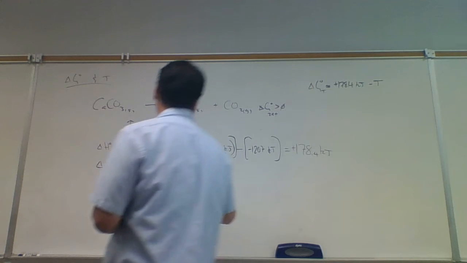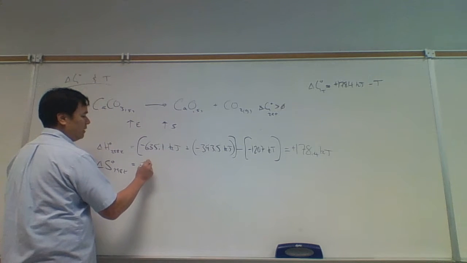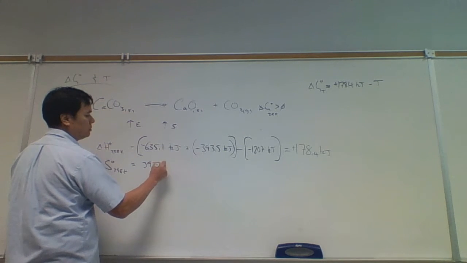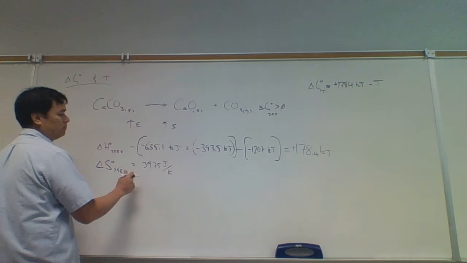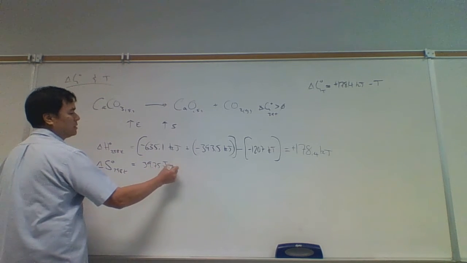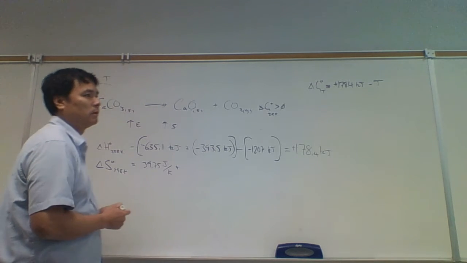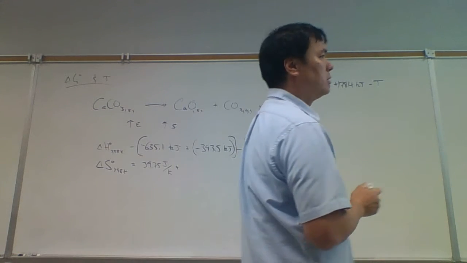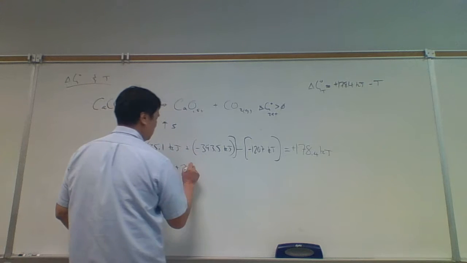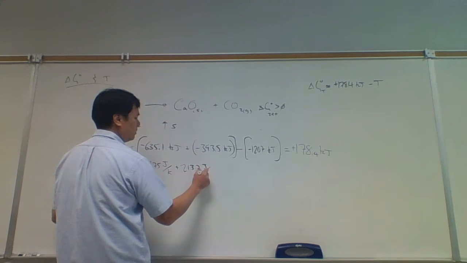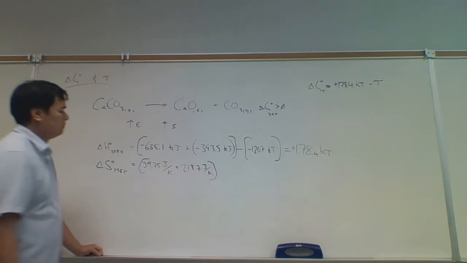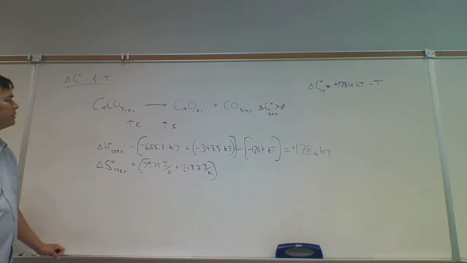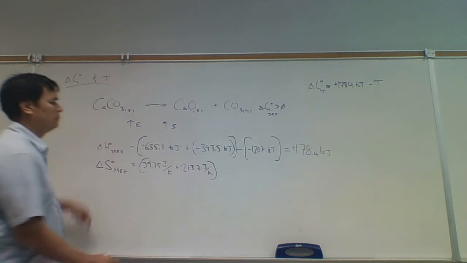The entropy of calcium oxide is 39.75 joules per Kelvin mole. 1 mole, so it would just be joules per Kelvin. Plus the entropy of CO2. The entropy of CO2 is 213.7 joules per Kelvin mole. Again, 1 mole. There's a solid and a gas. And then over here we have a solid.